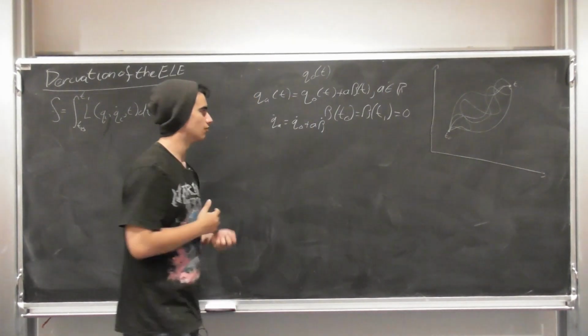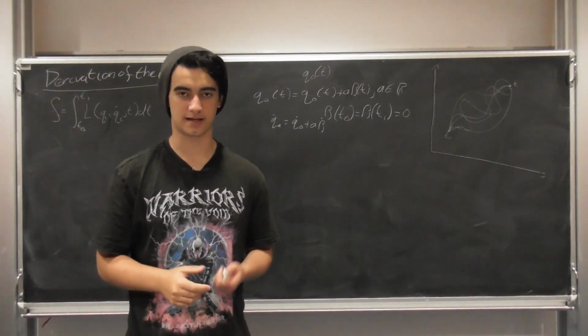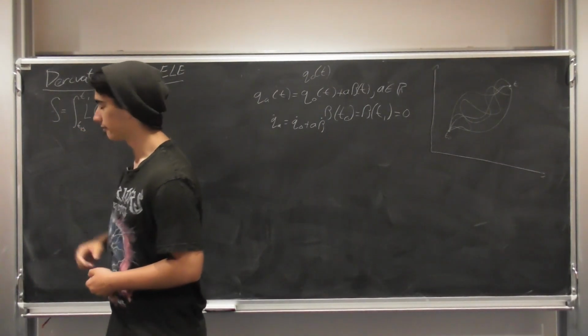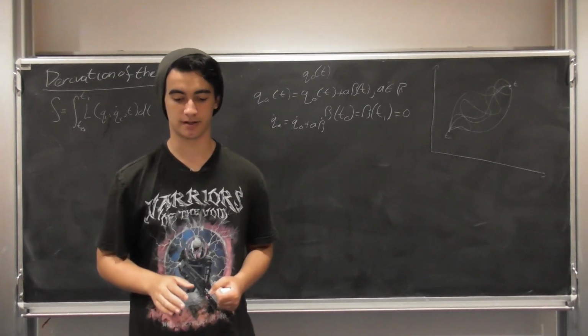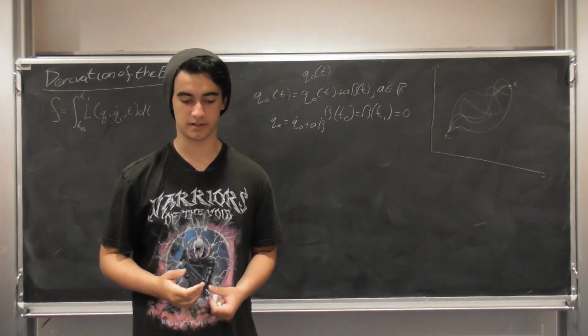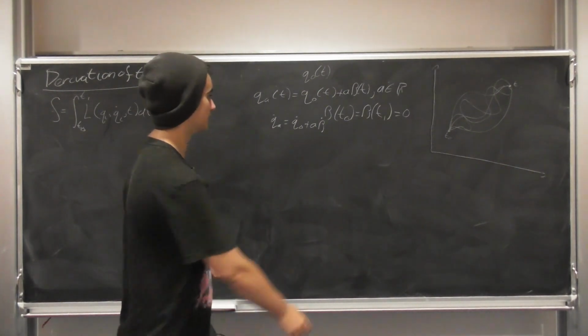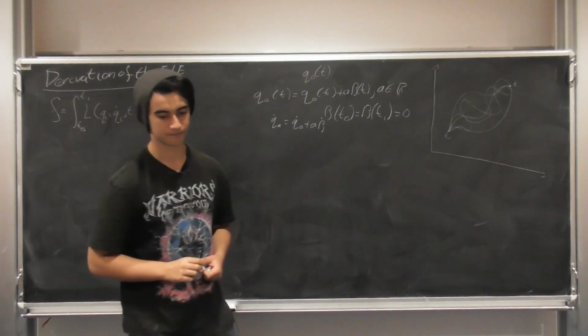Okay, so now we have these tools, we can attack the action again. So when we had our action, we were saying that this is going to be minimized no matter what. But let's say that we want to see how much the action is affected by this a here.